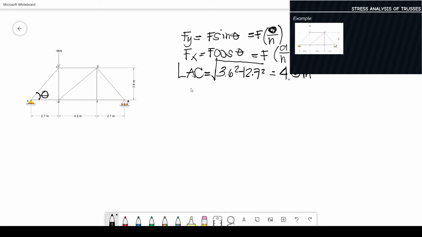Unlike if we're using the angle, I would go directly to arctangent. So, just review your trigonometry. That is opposite 3.6 over adjacent 2.7, which is 53.13, but there are still many decimals.